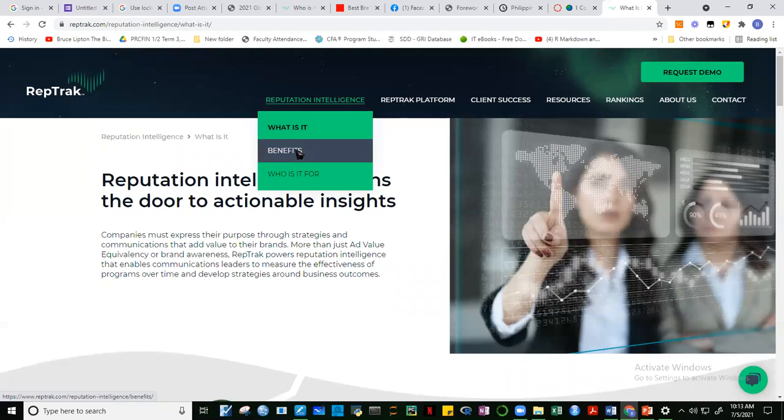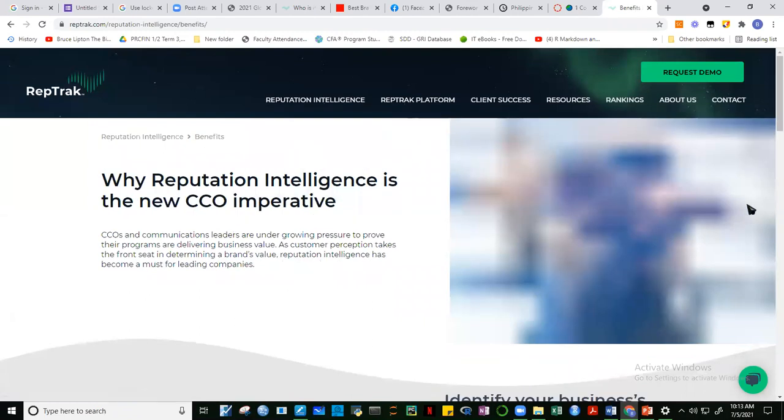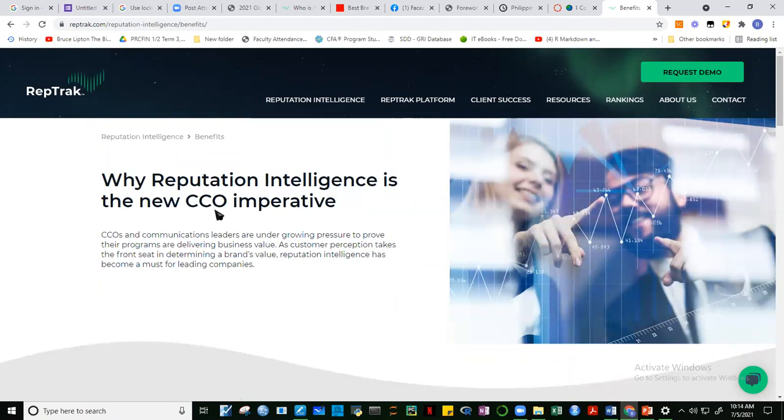So sabi nila, siyempre no, may bayad to pag i-engage sila yung RepTrack, CCOs, Chief Communication Officers, and communication leaders are under growing pressure to prove their programs are delivering business value. As customer perception takes the front seat in determining a brand's value, reputation intelligence has become a must for leading companies. So meron tayong tinatawag ngayon na reputation intelligence.